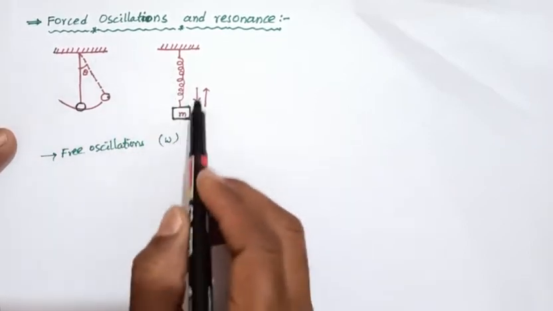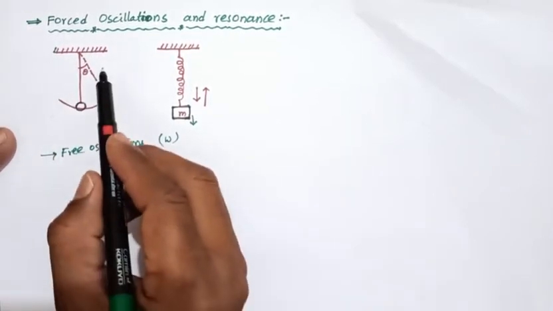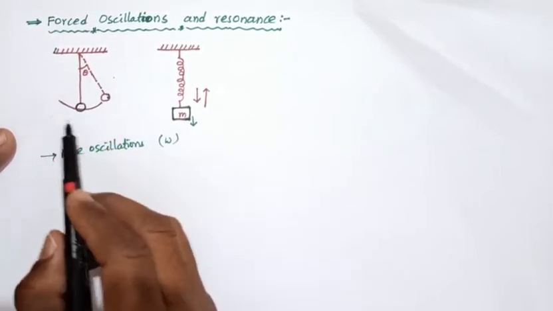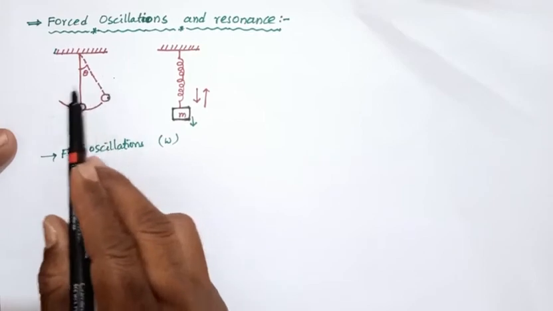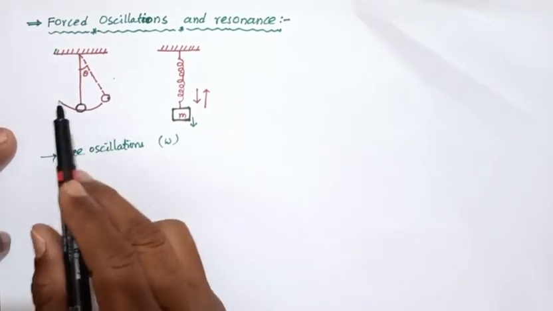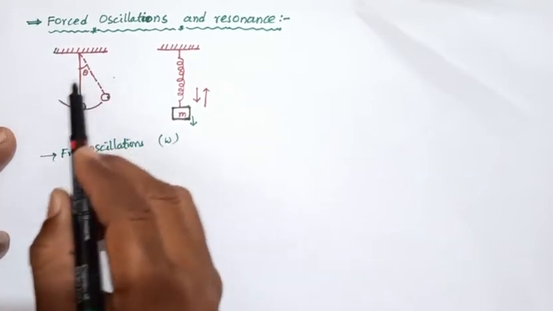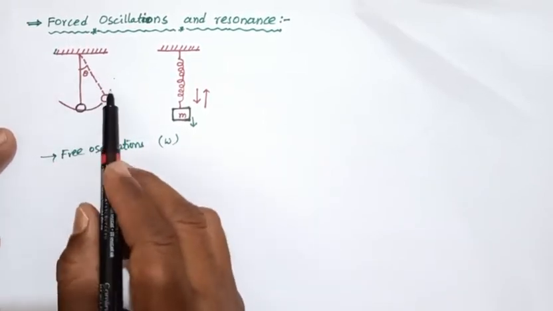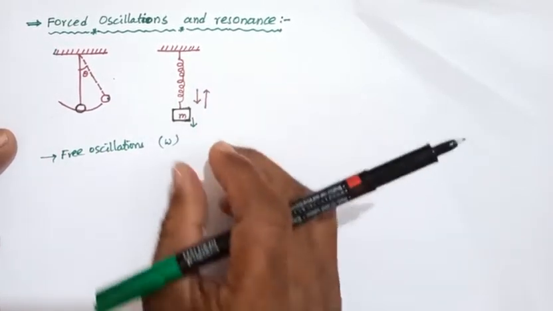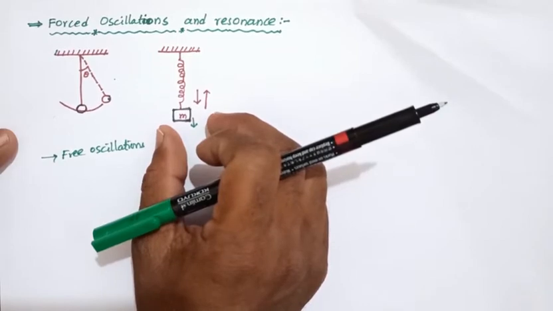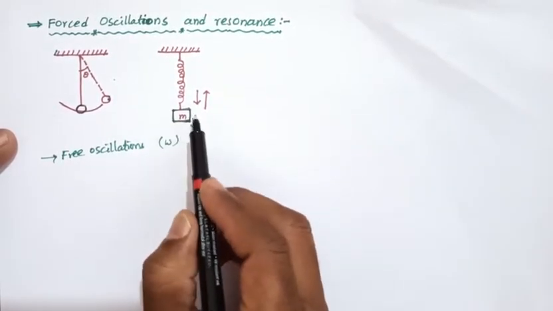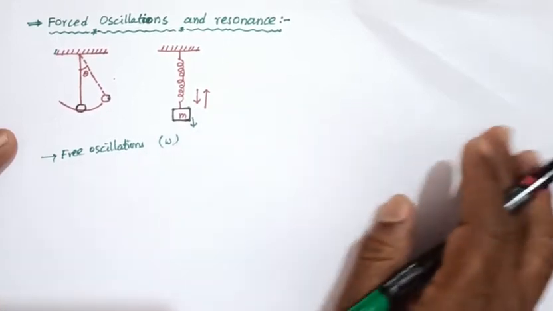So what is the damping force here? The surrounding medium opposes this motion. This force is called the damping force. Due to the damping force, the motion of the simple pendulum or the block of mass decreases.